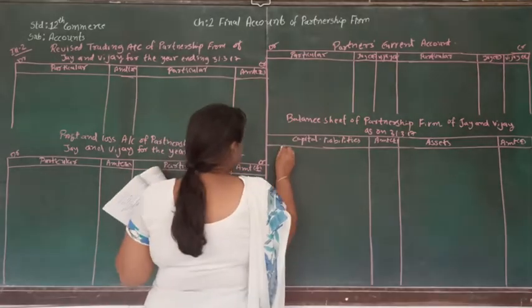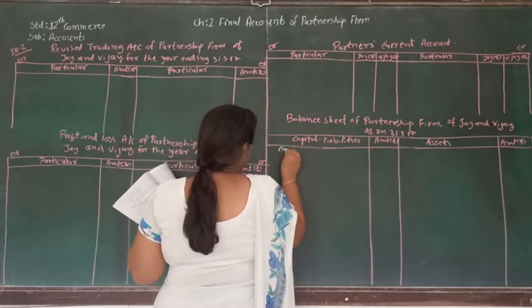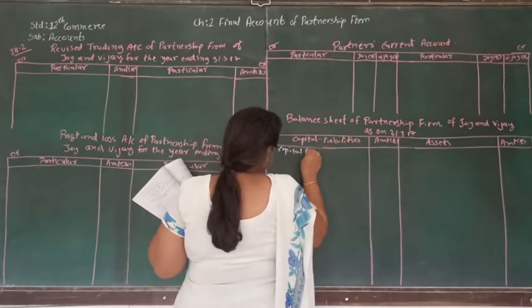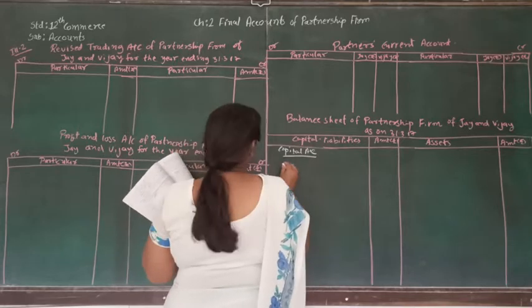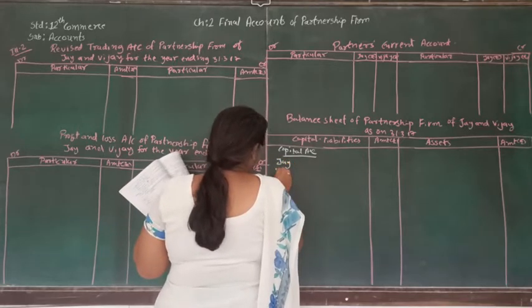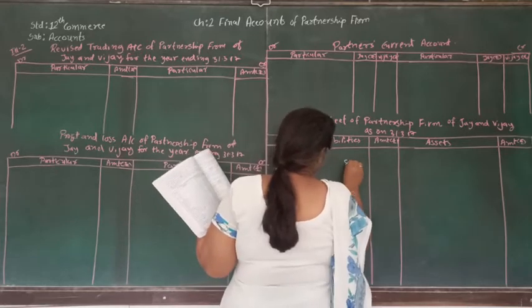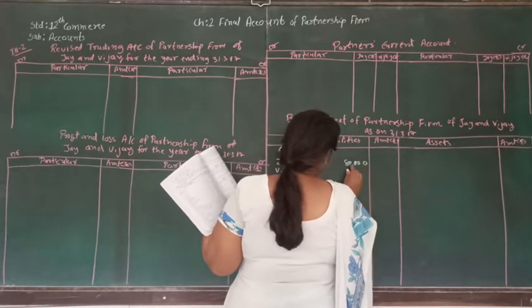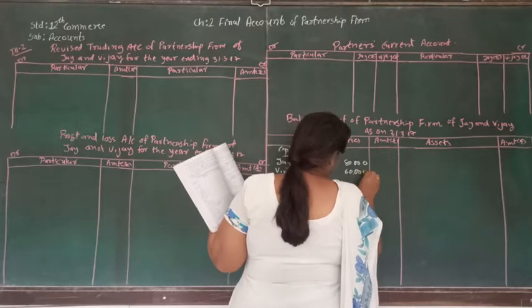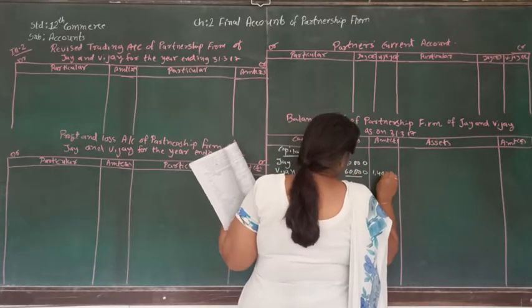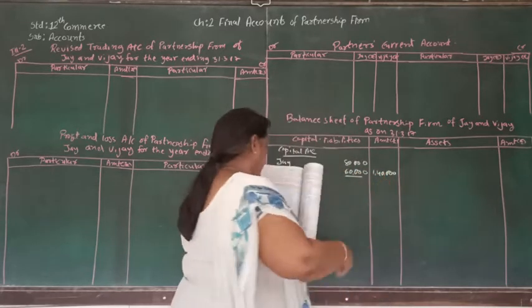We write capital account of Jay and Vijay: 80,000 and 60,000, and the total will be 1,40,000. Then we carry forward.